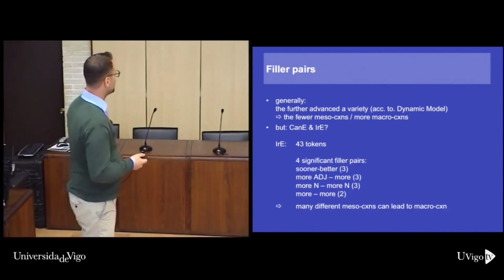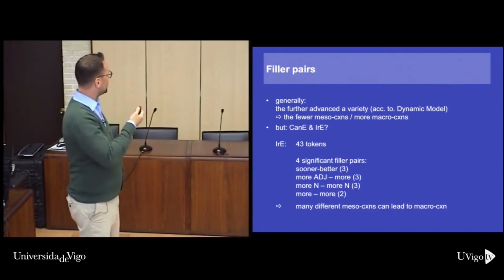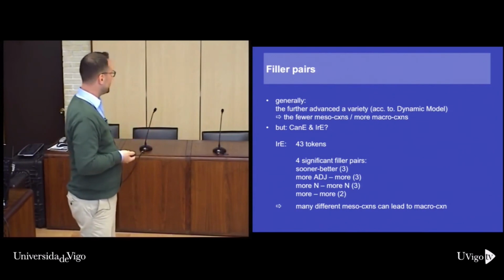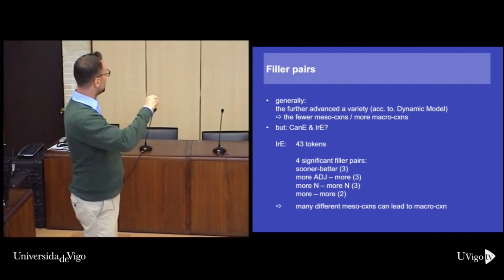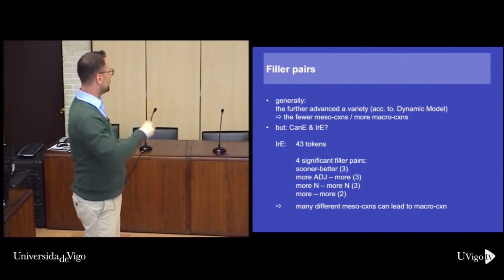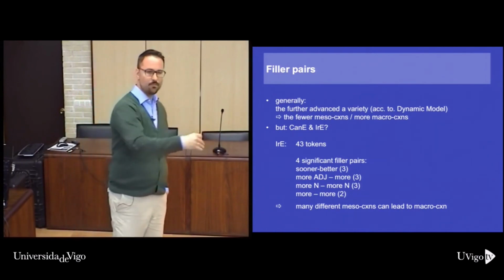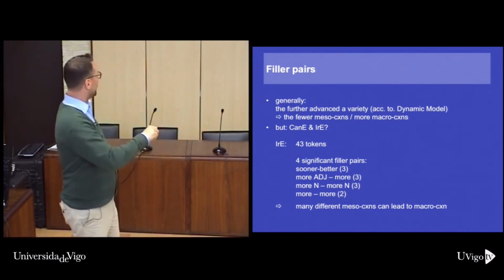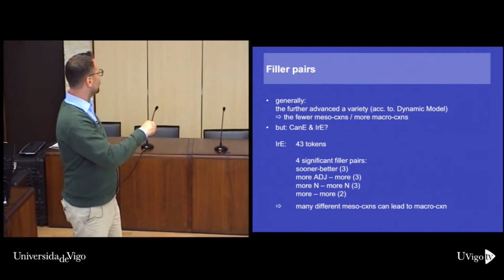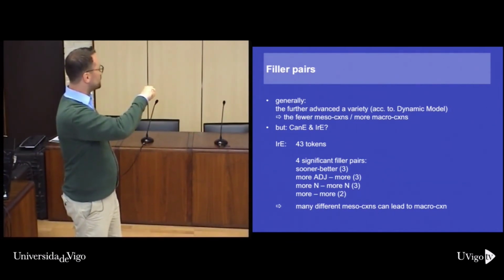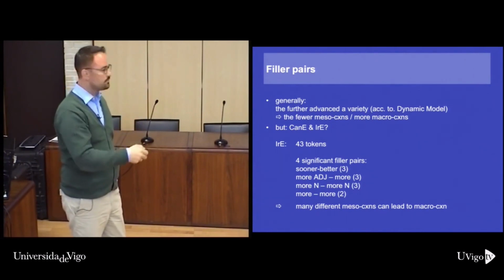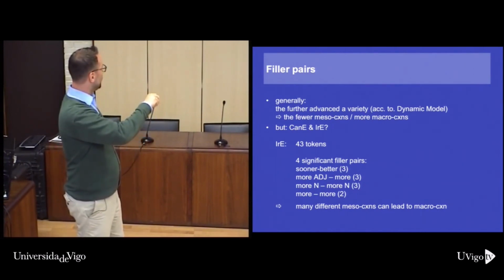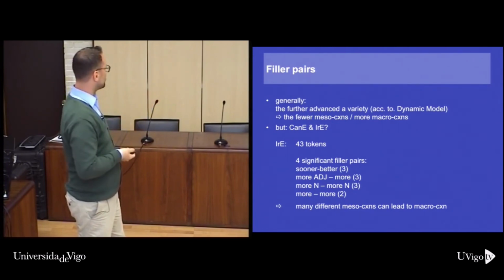But we've got Canadian and Irish English, and we need to look a bit more at how these flesh out. If you look at Irish English, I had 43 tokens that I looked at of my construction, and there were 4 significant filler pairs, 4 mesoconstructions that came out as significant. So the sooner the better, the more adjective, the more noun, the more noun, and the more many, obviously, and I separated the adverbial, the more you eat, from those which are in a kind of determinative position to a noun or comparative adjectives.